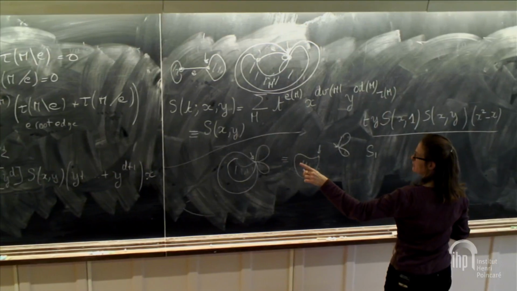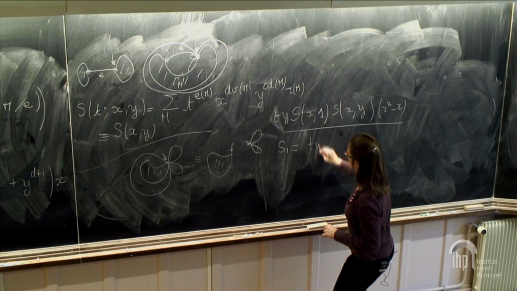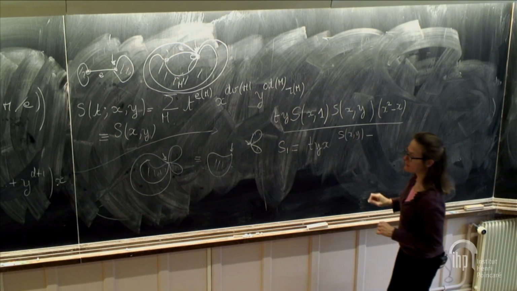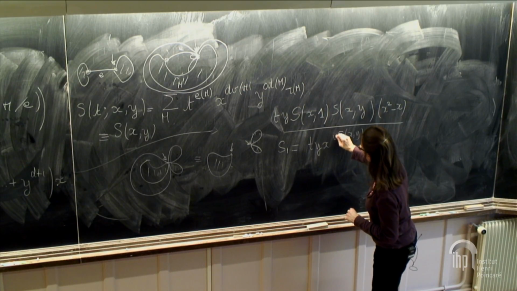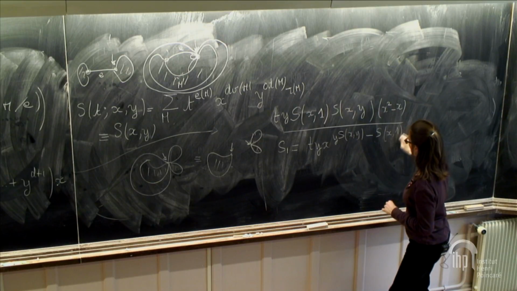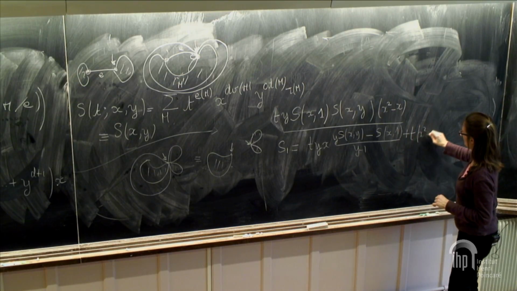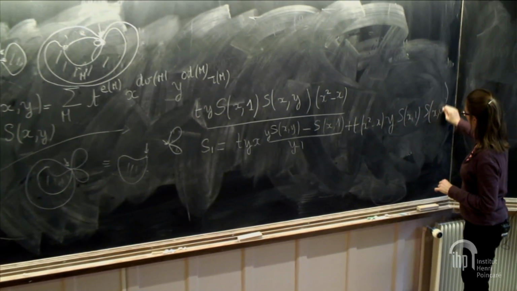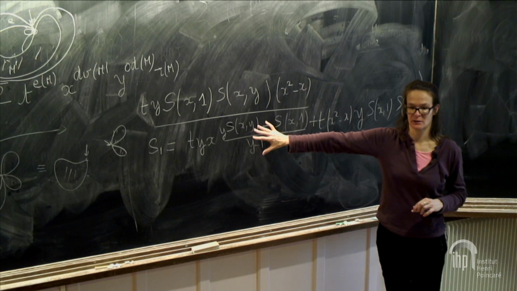is this, which we can write down as t y x S of x y minus, as a divided difference, so there's probably a y here, S of x 1 over y minus 1, plus t times x squared minus x, y. So that's the usual term, the divided difference.